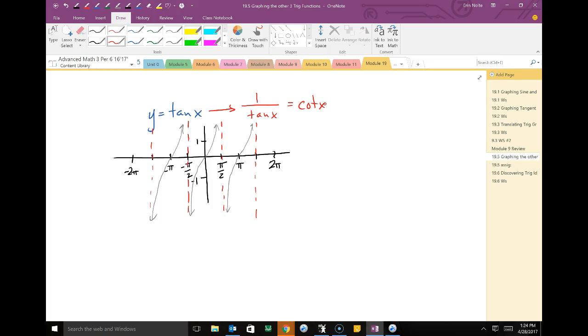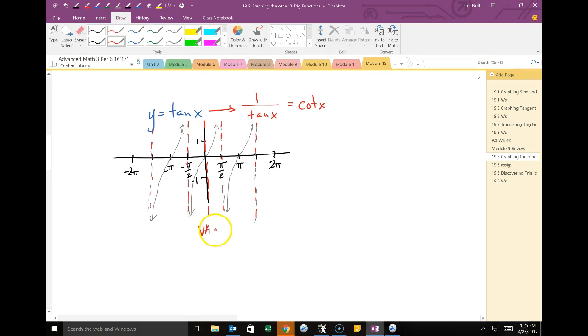Okay, so I'm asking you, where is the tangent equal to 0? At 0, good. So, hold on, I shouldn't have drawn these boldly red. My bad, guys. I'm going over them in gray to blot them out a little. Okay, so for my cotangent, my first one is going to be at 0.